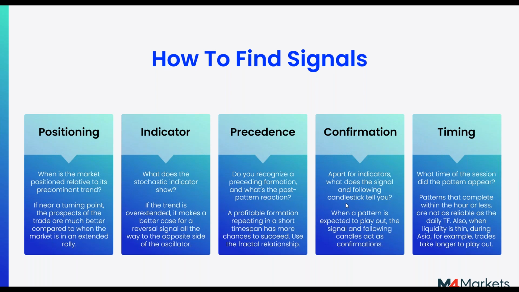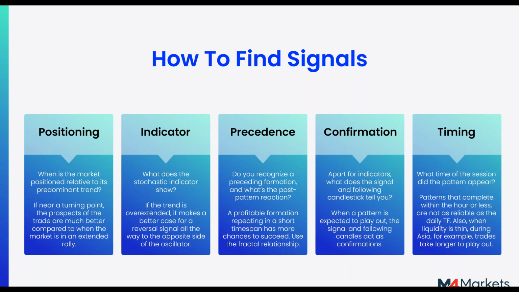Now, the timing, I know some of you might not be using, because you might be trading the 1 hour or the 4 hour, which means you need to look at the time. But if you trade the daily, it doesn't make much difference, because the close pretty much involves all the session.